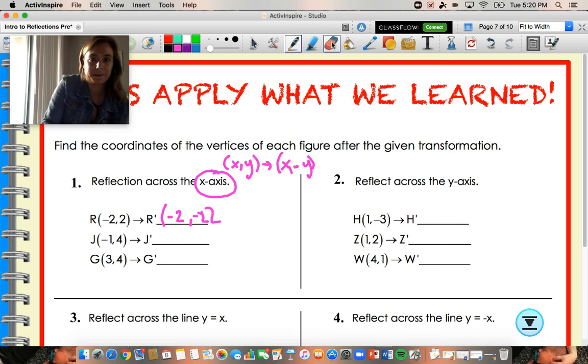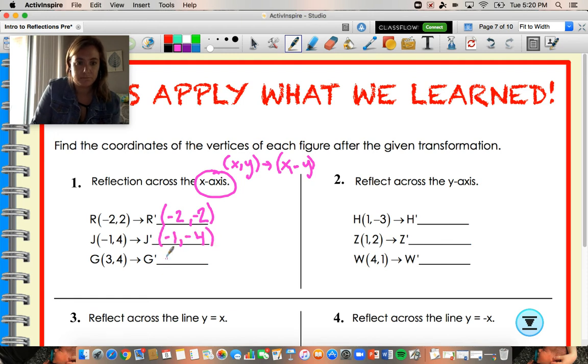J prime, x stays the same, y becomes opposite. X stays the same, y becomes opposite. And if you would like to graph these for yourself, think -2, 2, -2, -2. We're going opposite ways from the x-axis.